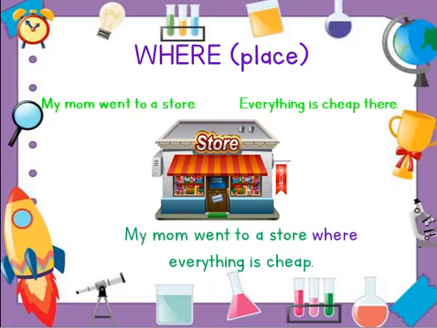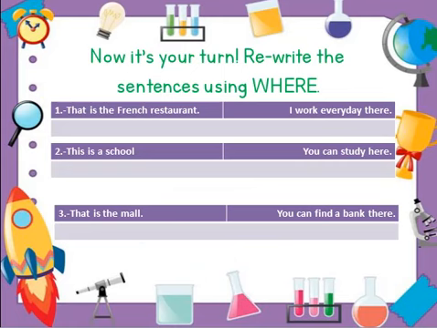Okay, very good. Now it's your turn. Rewrite the sentences using where. In the number 1 we have, this is the French restaurant. I work every day there. The number 2, this is a school. You can study here.